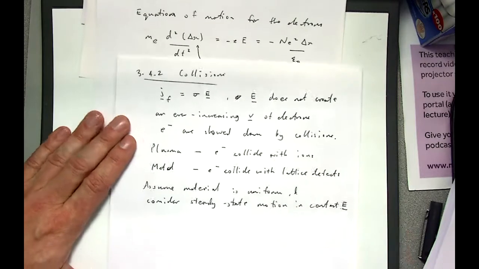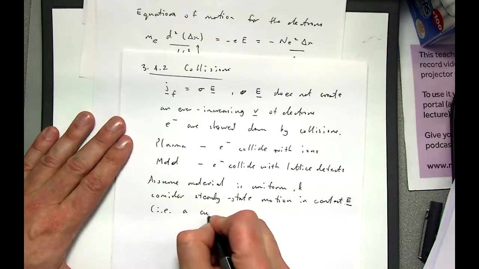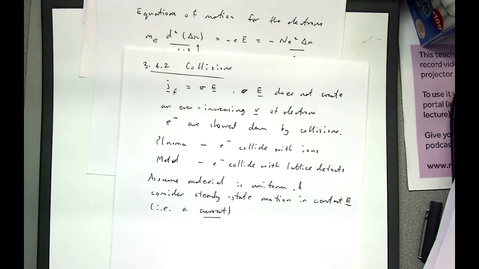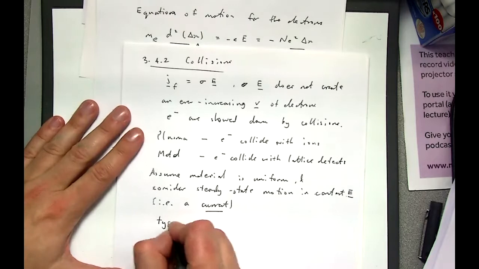So obviously what that is, that's a current, isn't it? So there must be a typical velocity for the electrons in that situation.